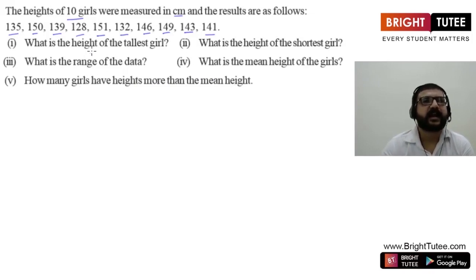Now let's organize this unorganized data. Let's write this data in ascending order.